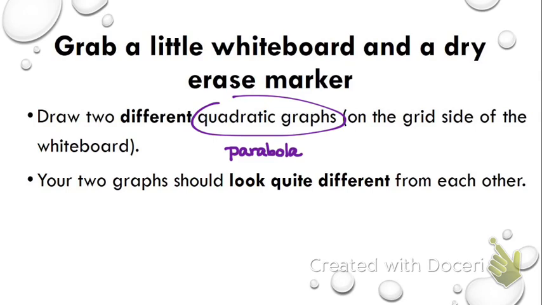Can you guys see this one okay? Similarities and differences. They're both negative. They both have a maximum. One of them is shifted over to the right. What value in an equation would shift things to the right?